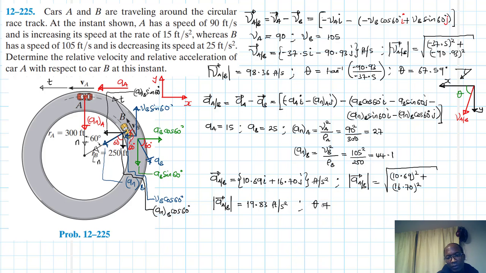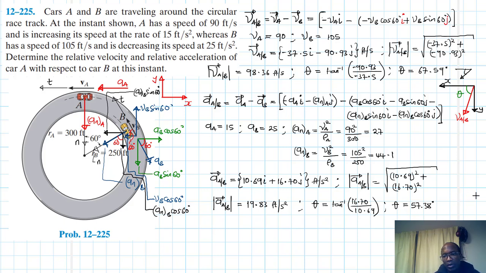Let's find the angle. Theta is tan inverse of the y component divided by the x component, which is 16.70 divided by 10.69. What we have is 57.38 degrees.